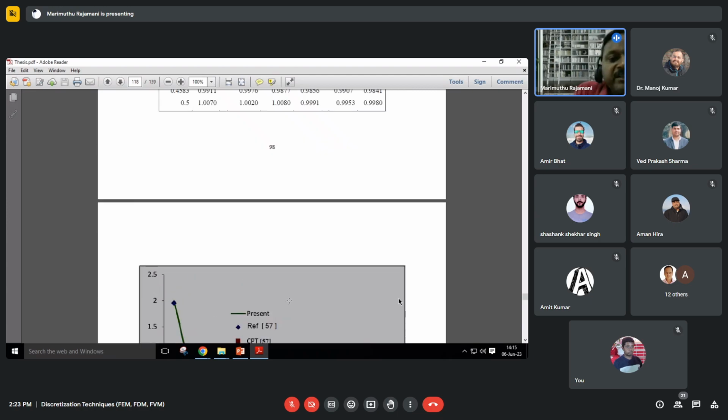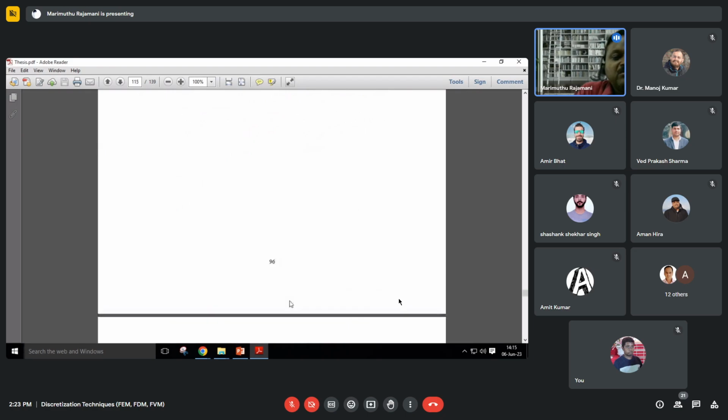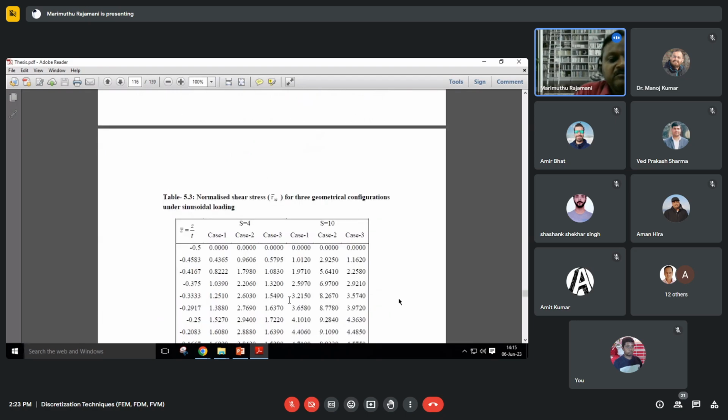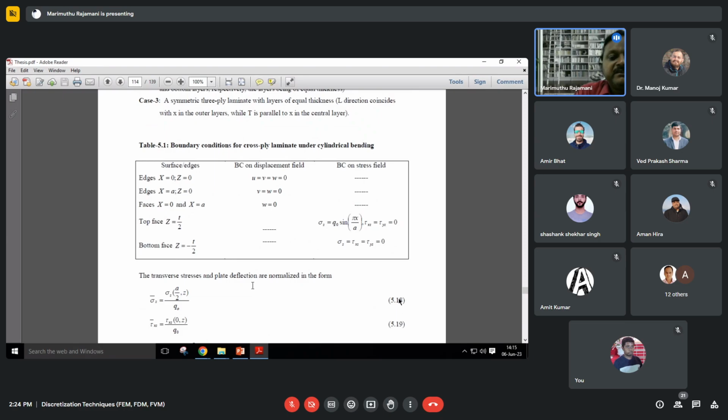Okay, here the point is, when you want to get an accurate estimate of interlaminar stresses, use a mixed formulation instead of a displacement based formulation. That is the take home message.